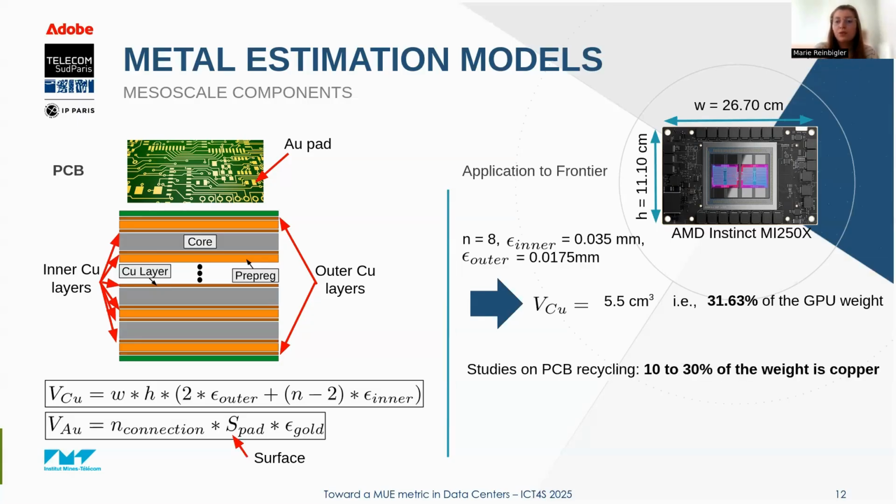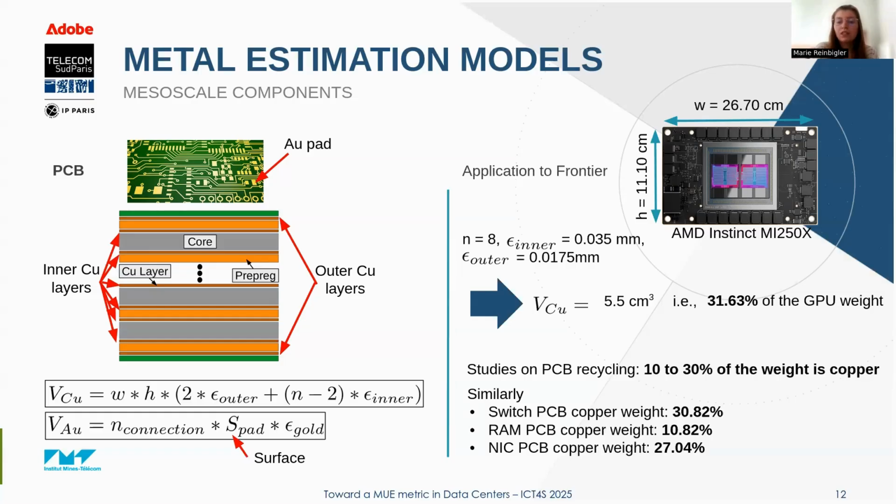And if we consider studies on PCB recycling, we found that 10 to 30% of the weight is made out of copper, which is in the same order of magnitude as our results. And this is the same for the switch PCB, the RAM PCB, the network interface card PCB, and the NVMe PCB.